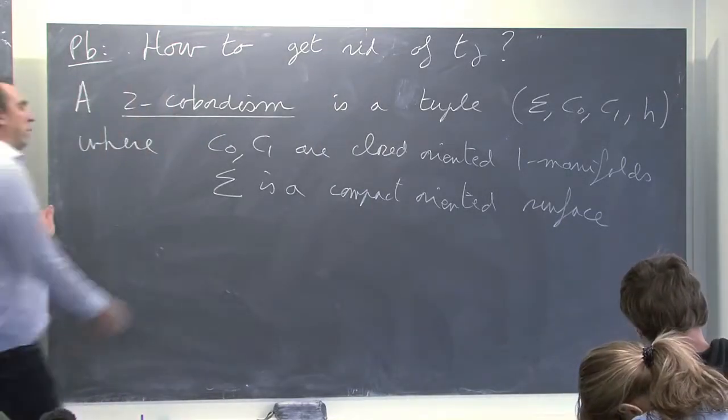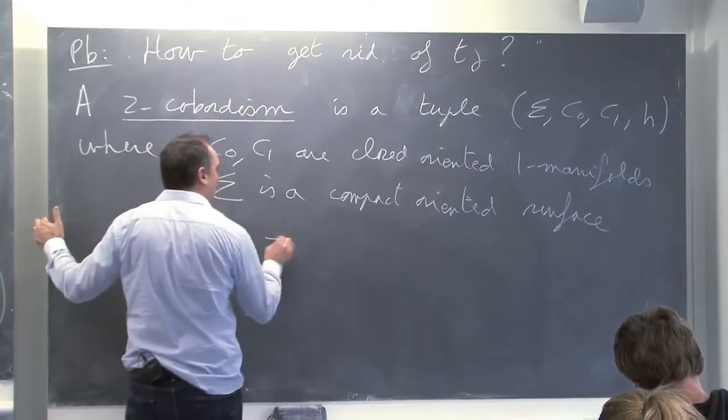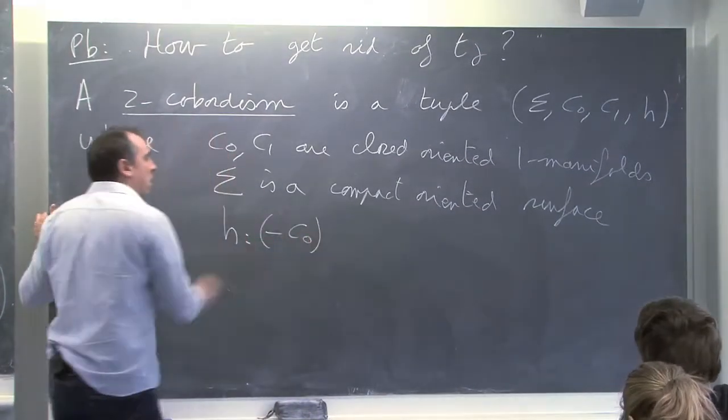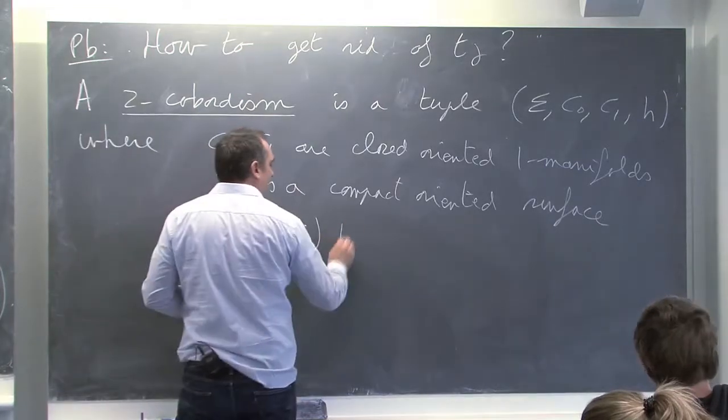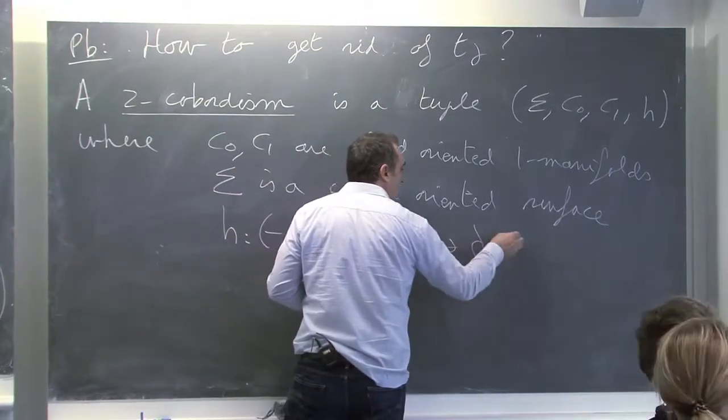And H is a map from minus C0 disjoint union C1 to the boundary of sigma.